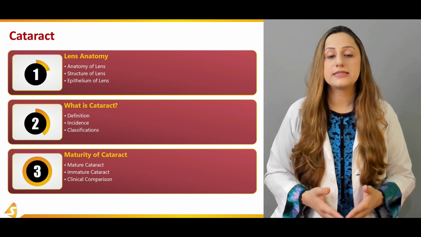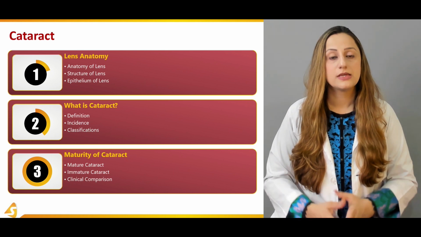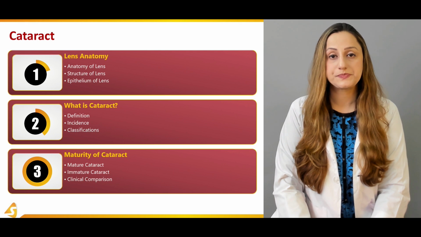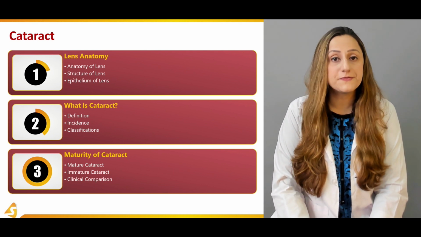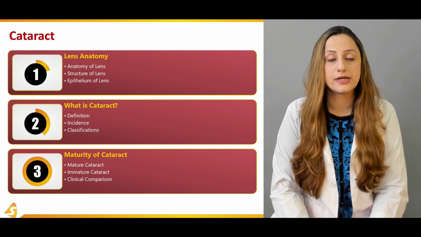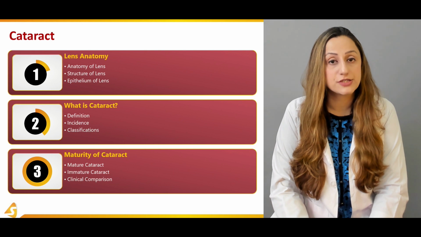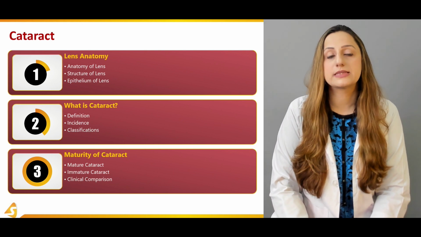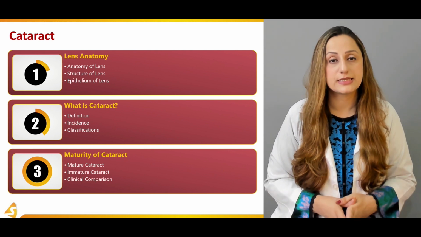In the second section, we'll be discussing what cataract is. How do you define this condition is again very important. We'll be discussing the opacification of the lens, and behind this opacification, what are the causative factors for its development, and how prevalent this condition is.